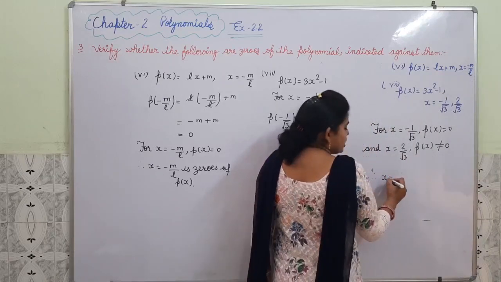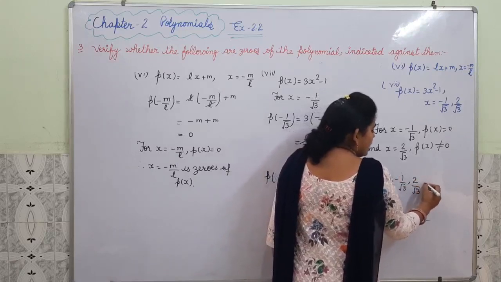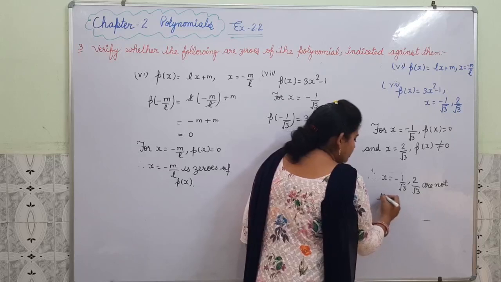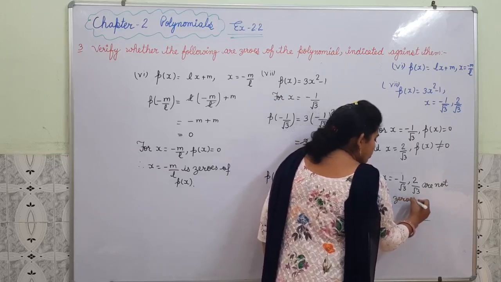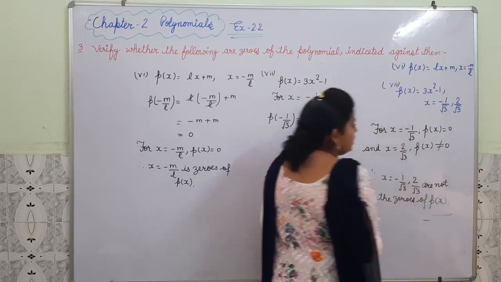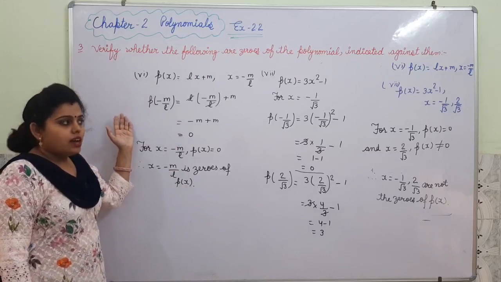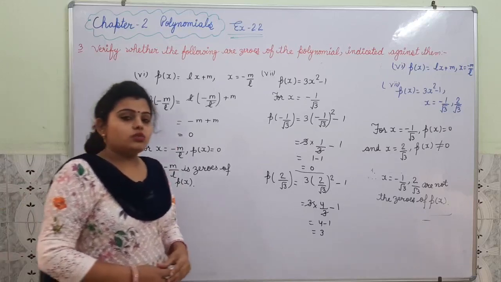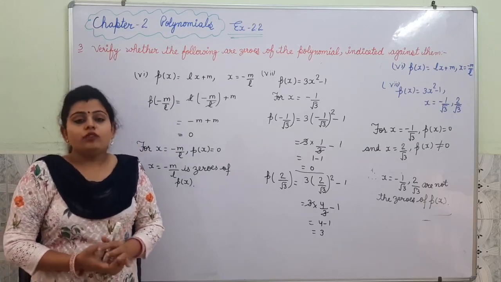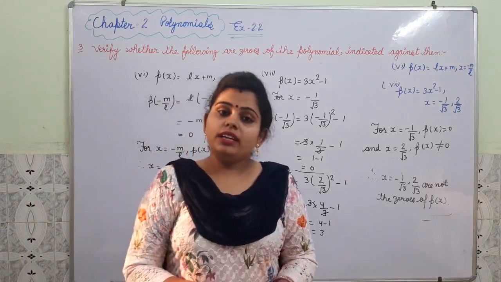So x is equal to minus 1 by root 3 and 2 by root 3 are not the zeros of P of x. It is the question number 3 of this exercise. I hope there is no doubt in this question. Dear students, remaining part try yourself. If you face any difficulty or any problem in these parts, you can ask by commenting.